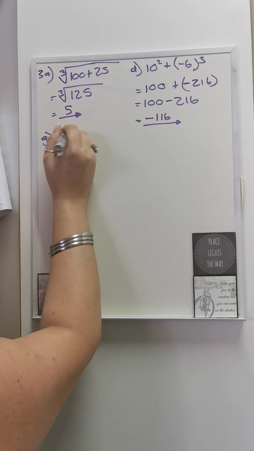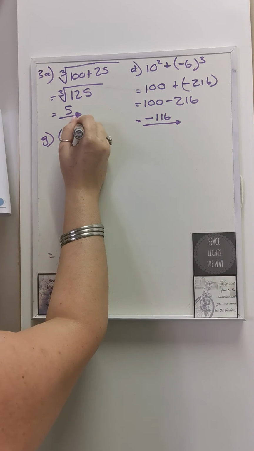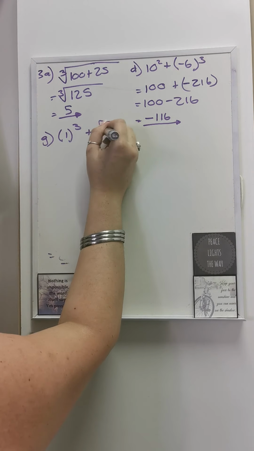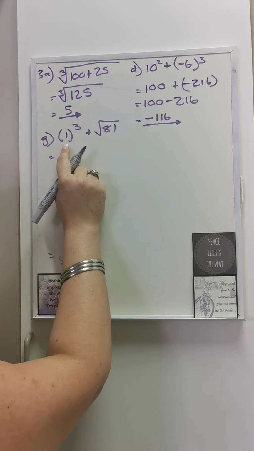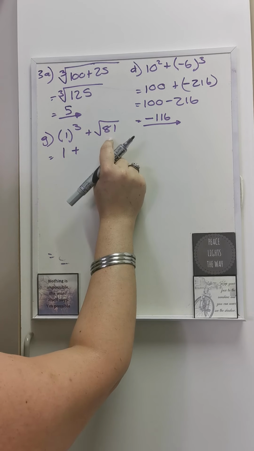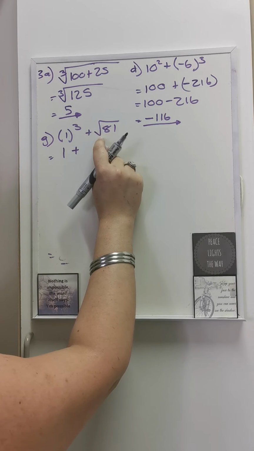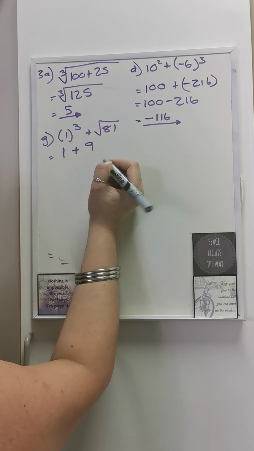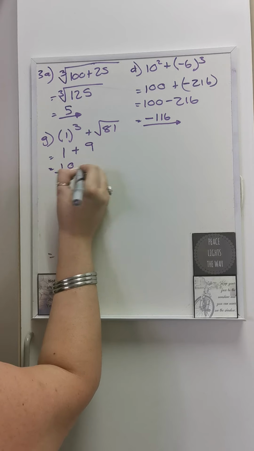Number G, 1 to the power of 3 plus the square root of 81. So I first do this verb. 1 to the power of 3 is 1. Plus this verb says the square root of 81. The square root of 81 is 9. 1 plus 9 gives you 10.